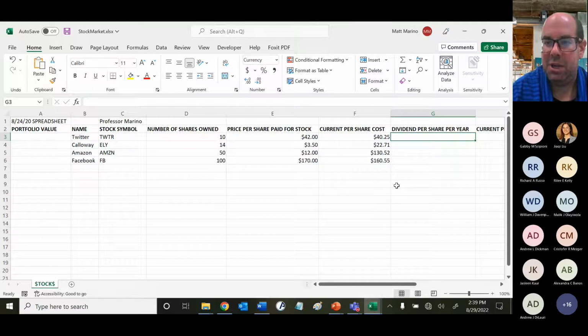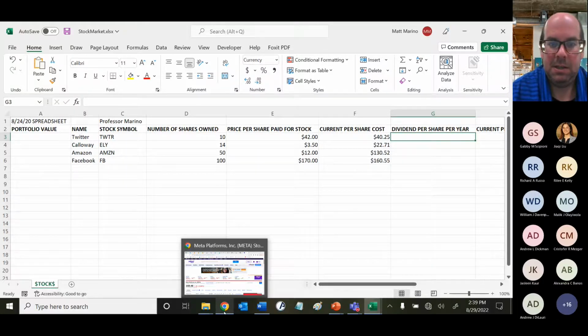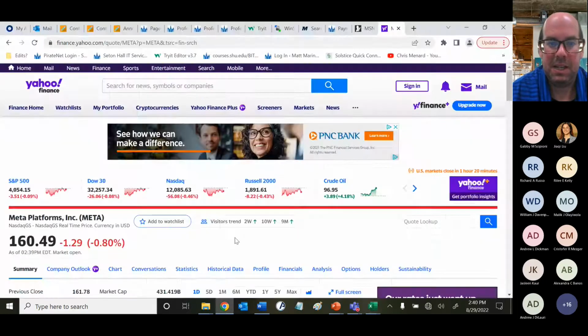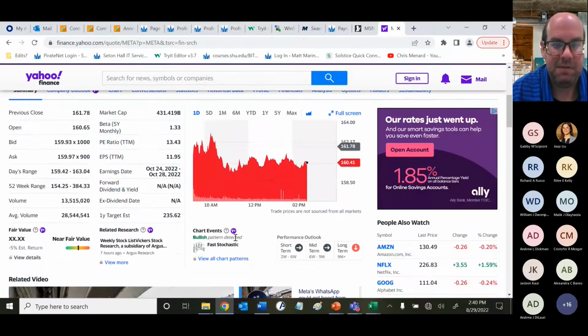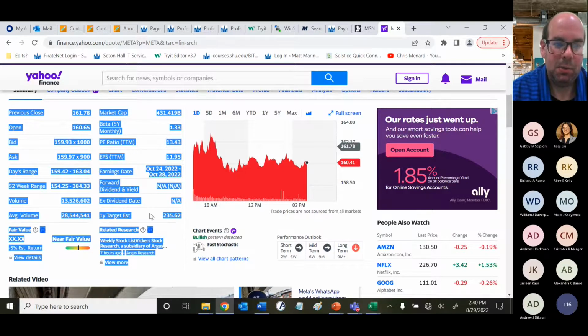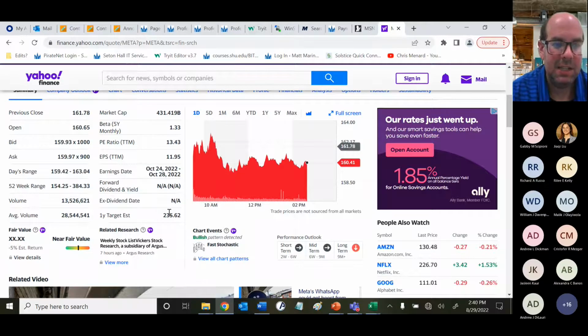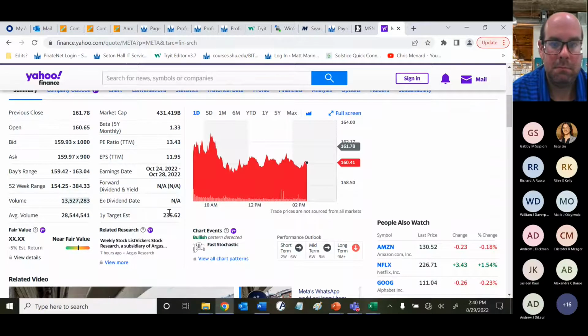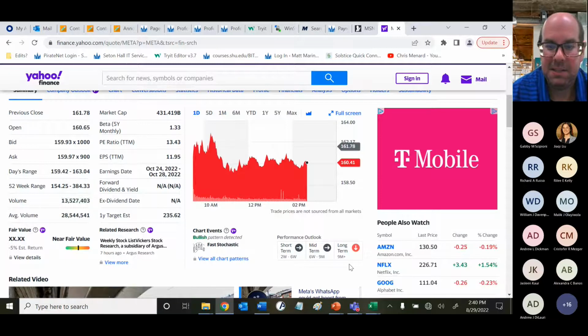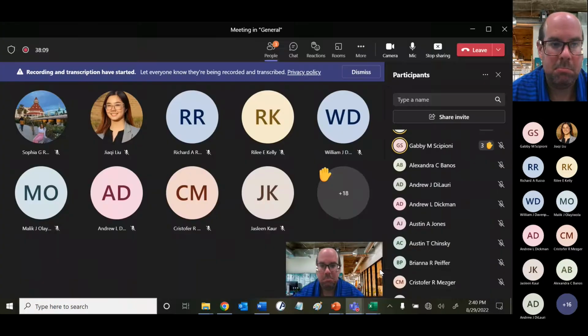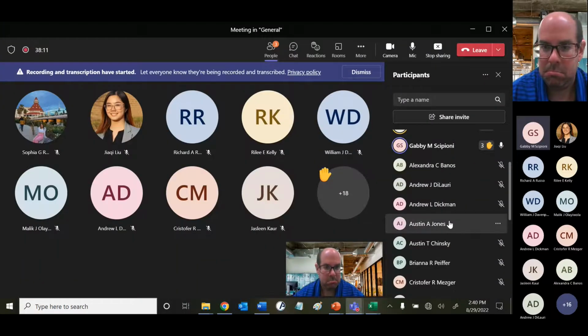All right, dividend per share per year. So depending on the stock, they may provide a dividend for you. Looking at all this information here, what might give away whether or not the stock has a dividend or not? Anybody have any guesses? Can you repeat what you said by any chance?